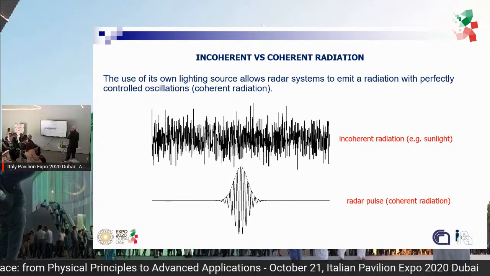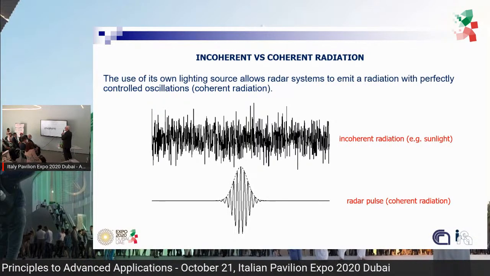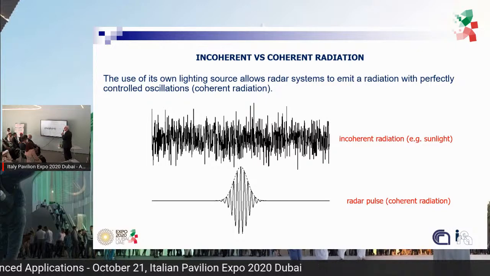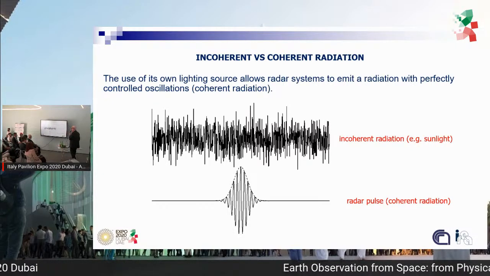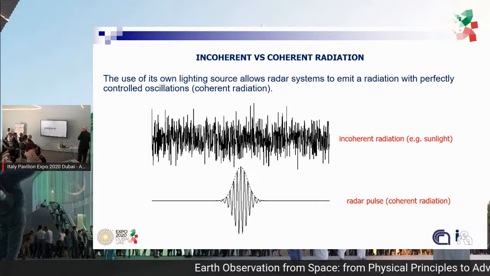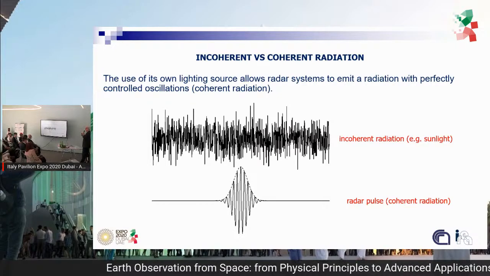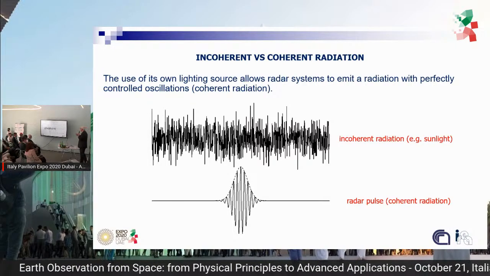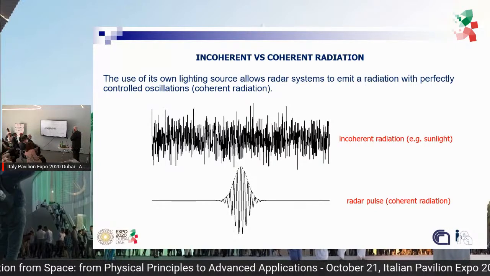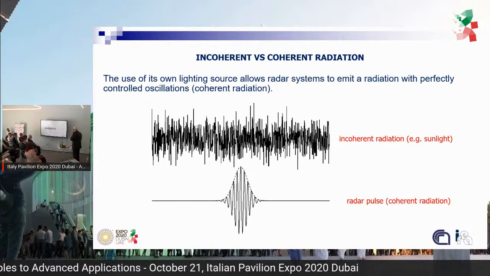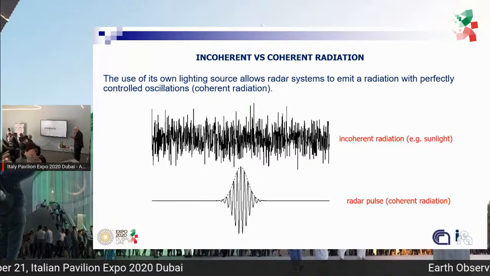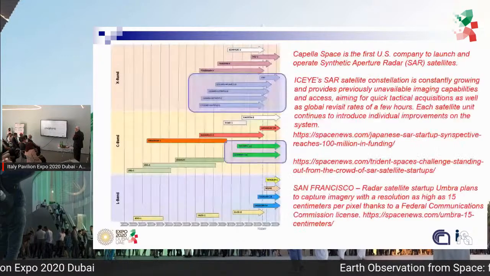In our jargon, we say that we are able to control the phase. The control of the phase means we are able to discriminate if we are in the peak or in the valley of the oscillation, okay? So this is a very big difference, and this feature allows us to retrieve the resolution to be comparable with the optical system. So this phase information is important and is exploited for the synthesis of the aperture.